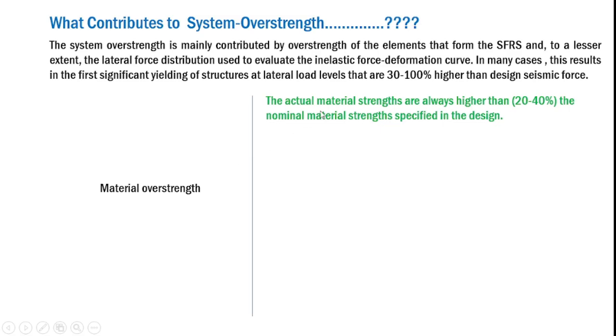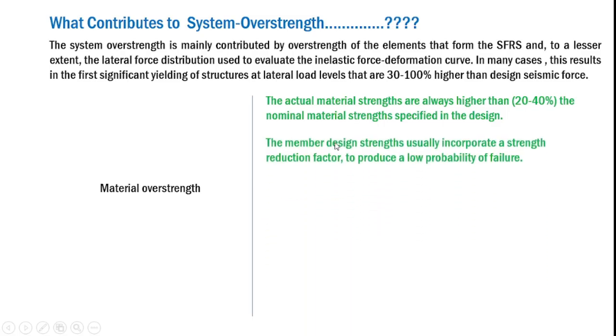The first one is the actual material strengths. We know that the actual material strengths are always higher than the nominal material strength specified in the code.